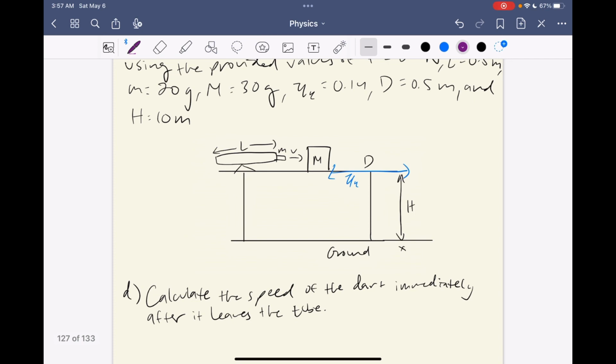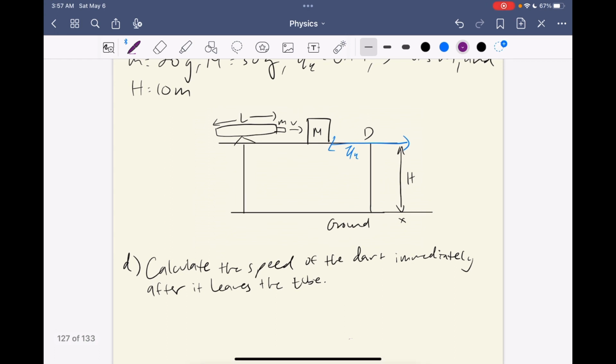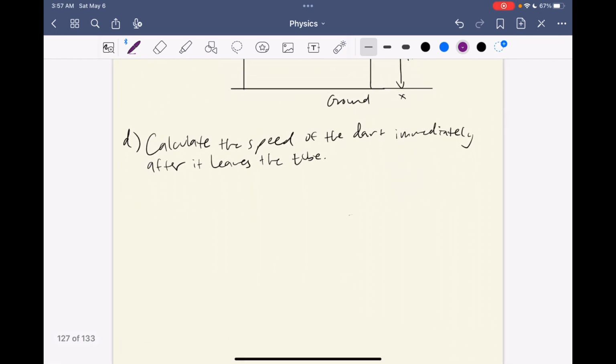So for part D, it says to calculate the speed of the dart immediately after it leaves the tube. I'm going to approach this part by using common form. So VF squared minus VI squared equals 2a delta x.